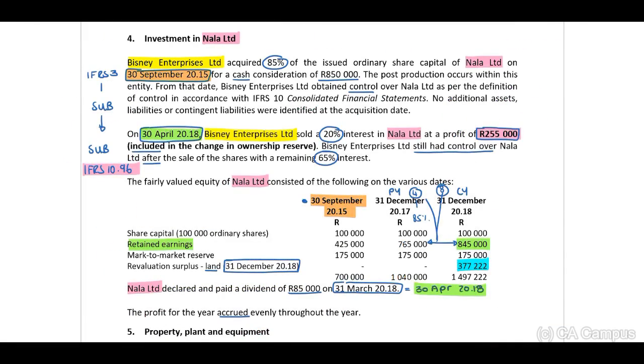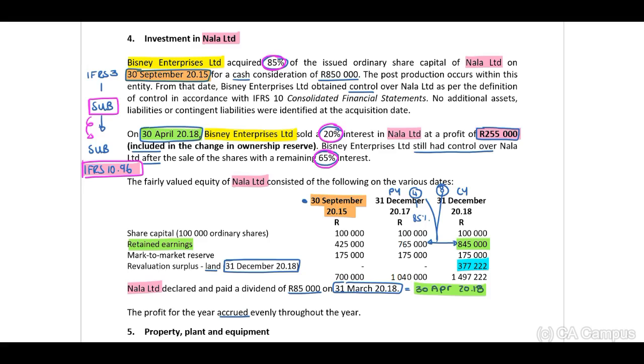Right, let's have a look at the investment in Nala. Bisney Enterprises acquired 85%, and remember, then they have sold 20%. They have a remaining 65%. Now, we have identified that this is a subsidiary that remains a subsidiary, and we need to apply IFRS 10 paragraph 96.